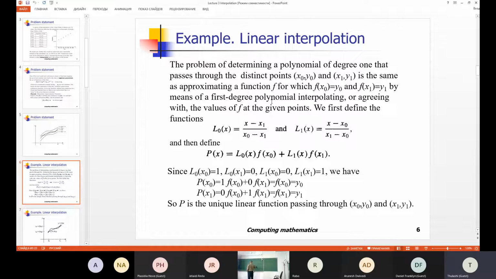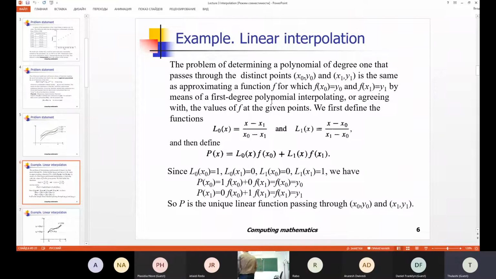Please carry out the same computation for x1, P of x1. Substitute x1.